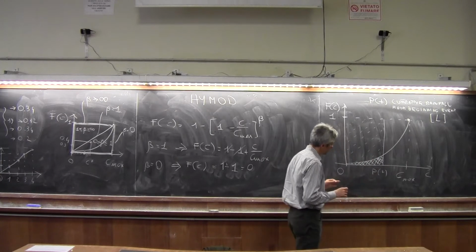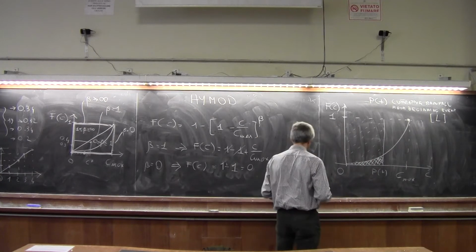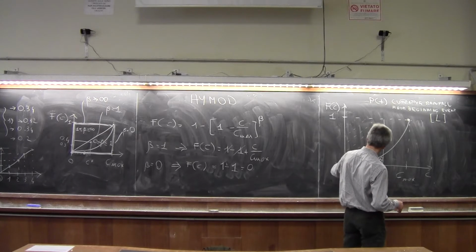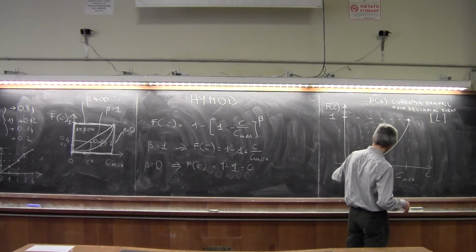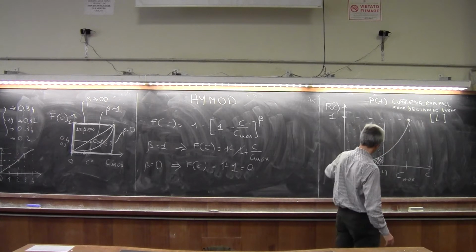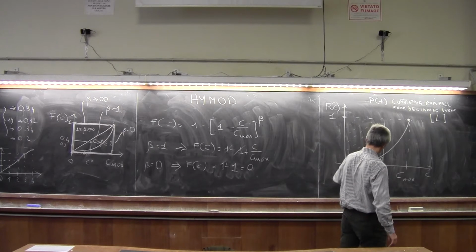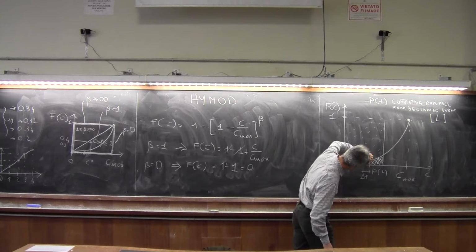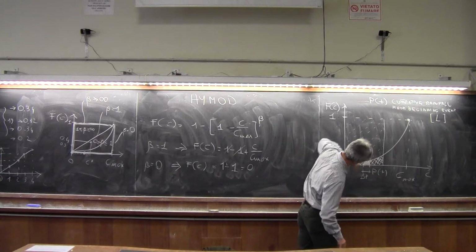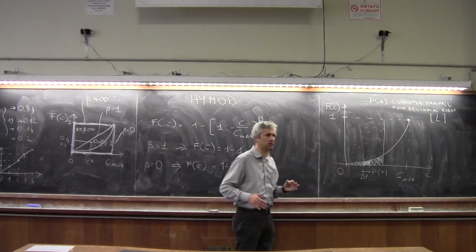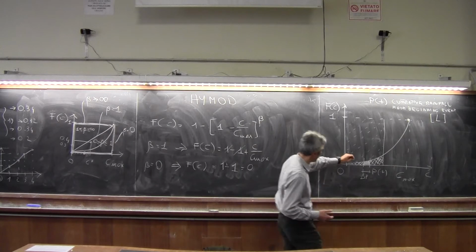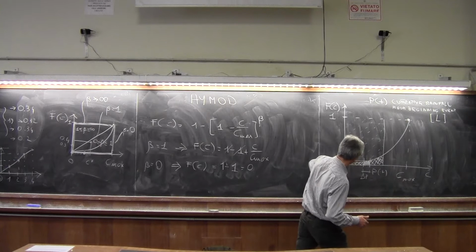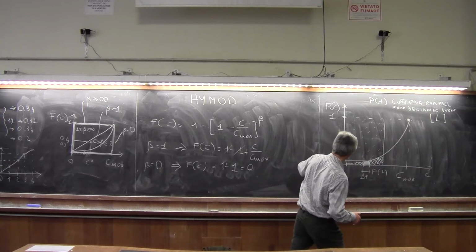And in order to give this explanation, let me concentrate on a small interval delta P. This interval here, let me color it, to which we can associate with good approximation a constant value C star.